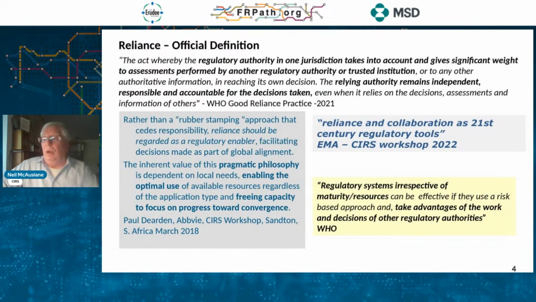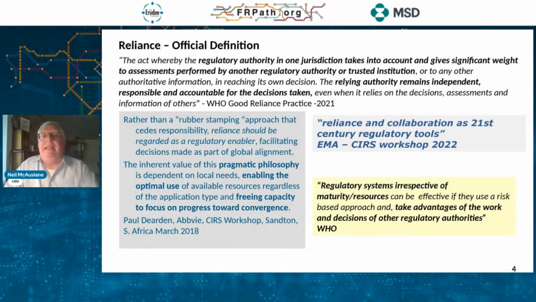I think all of you who are on this call are probably pretty familiar with the definitions, but I thought it was important to put this in. If you take the official definition, the act of reliance is whereby the regulatory authority in one jurisdiction takes into account and gives significant weight to the assessment performed by another regulatory authority or trusted institution.